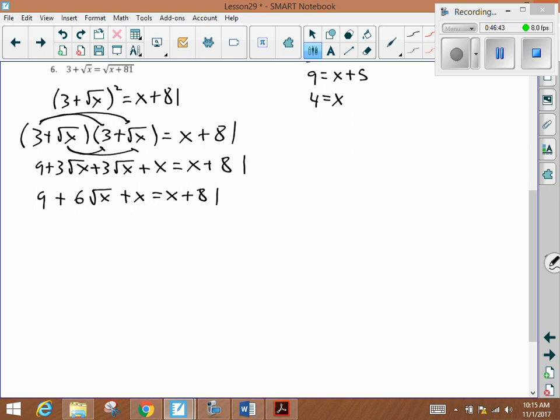And now I would like to subtract x from both sides and subtract 9 from both sides. Now that my like terms are combined, right? I can do that. So my 9's cancel over here. All I have left on my left-hand side is going to be 6 times the square root of x. And all that I have left on this side is going to be 72.